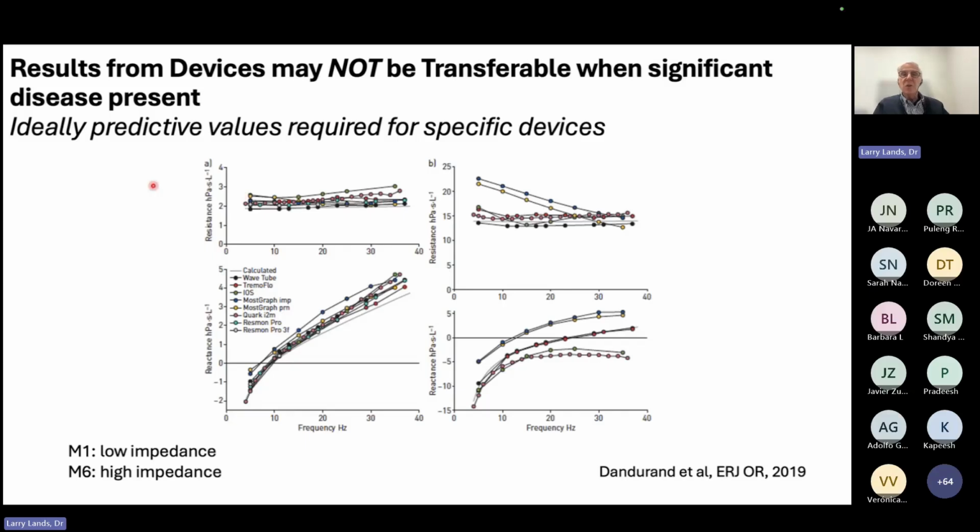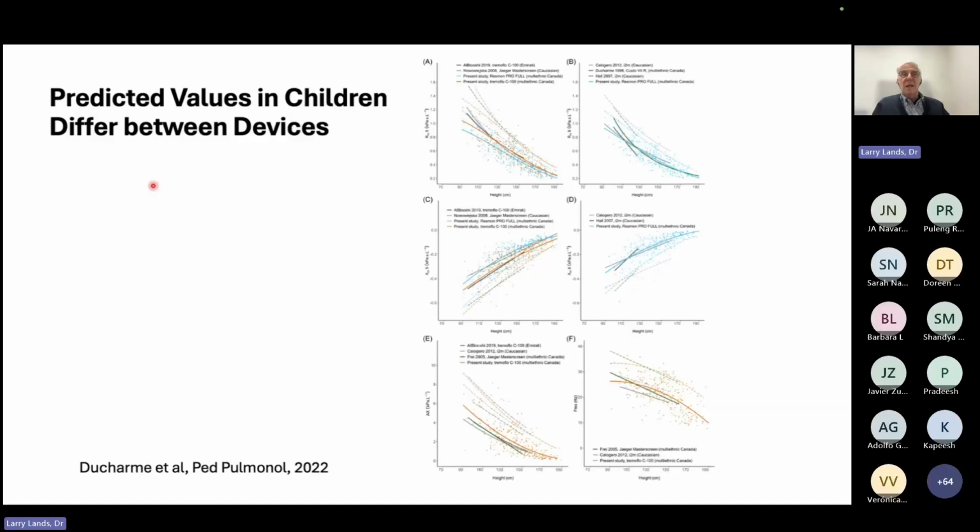So when you're using predicted values for a specific device, you need to utilize predicted values for that device. Similarly, Francine Ducharme, when she studied children with different devices, found a marked difference between devices. Here, just looking at the resistance at 5 hertz, you can see that different devices gave different predicted values.